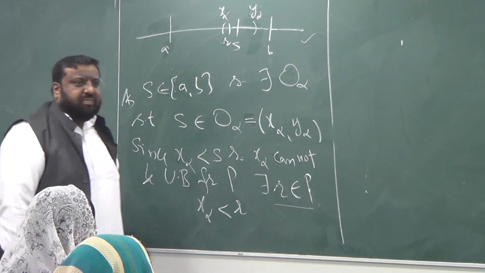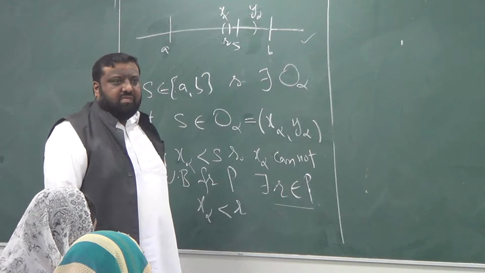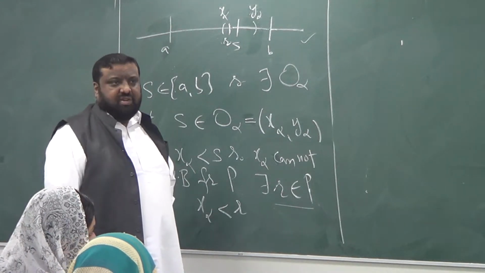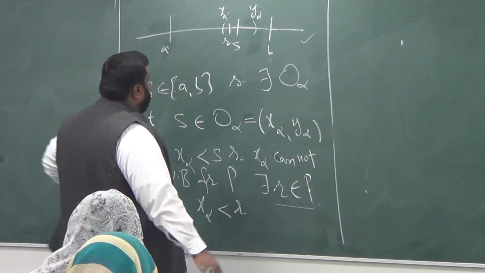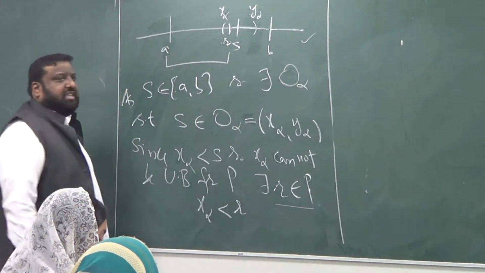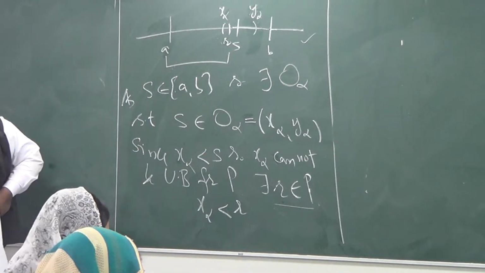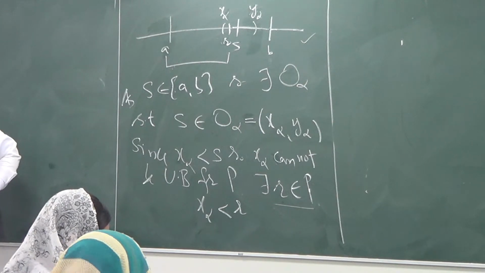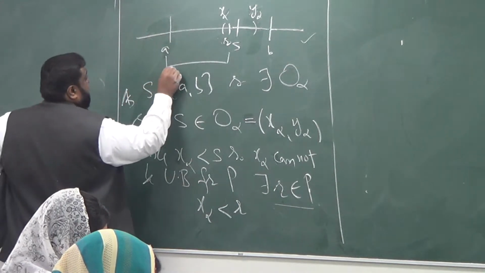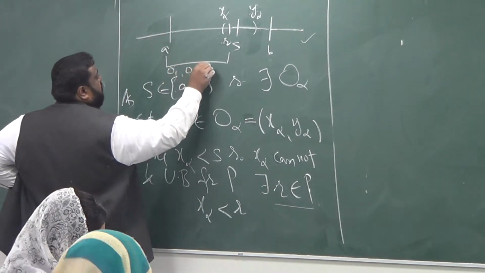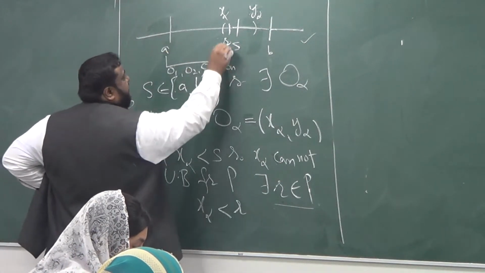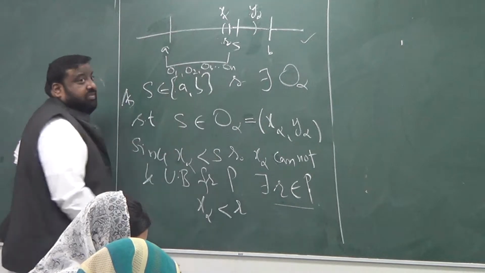If something is in P, then from A to that something, I can find a finite subcover. So since R is in P, from A to R I can find a finite subcover. Agree? In other words, I can find some O1, O2, O3, and so on, On, that is going to cover everything from A to R.